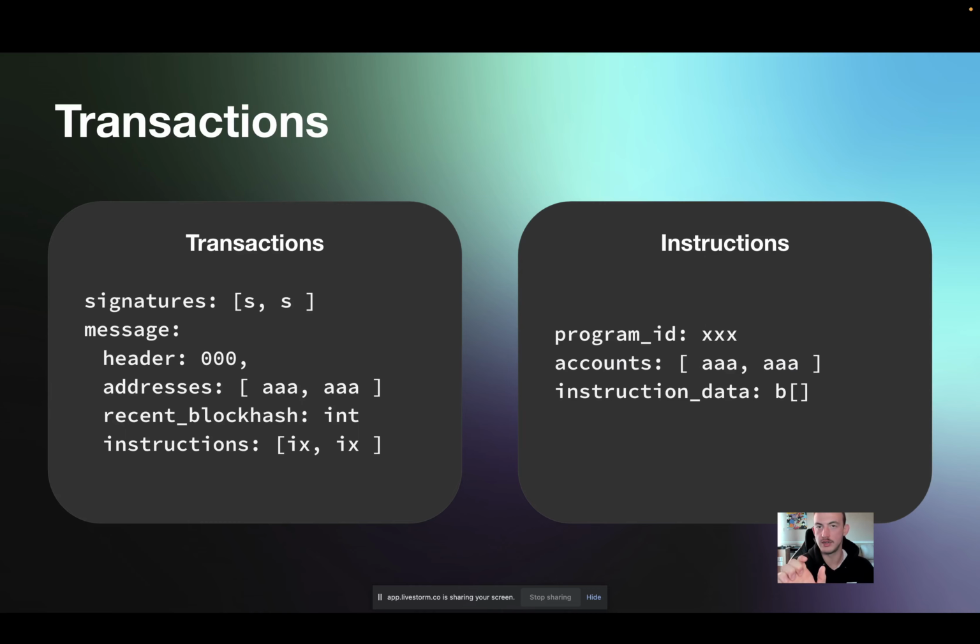What the smart contract is going to do, and we'll actually see this later live in Rust code, is it'll have a processor inside of it, which is some code that's going to take a look at this instruction data field, and it's going to deserialize it from bytes into Rust code. And it's going to take a look at what instruction it is. So in a very basic sense, think about an enum.